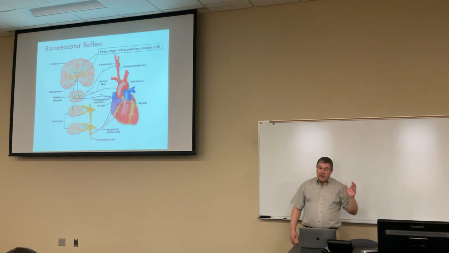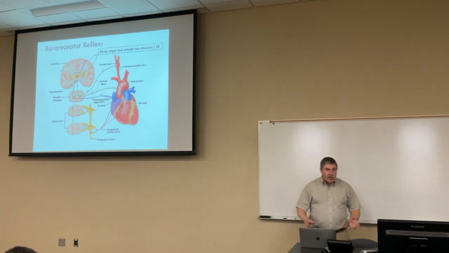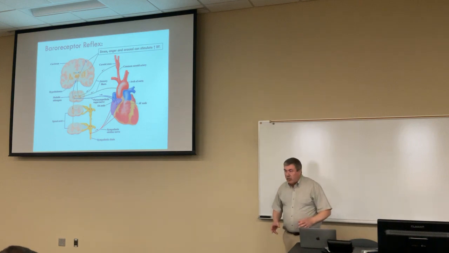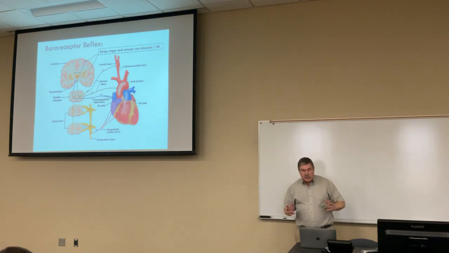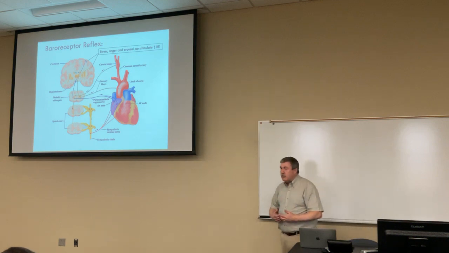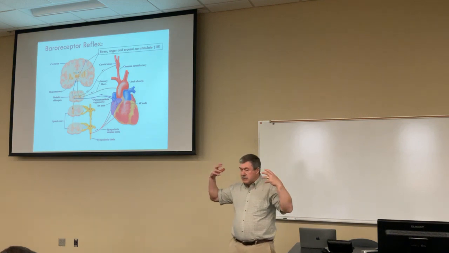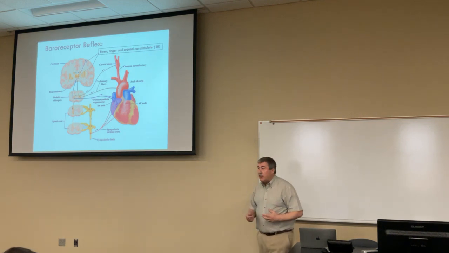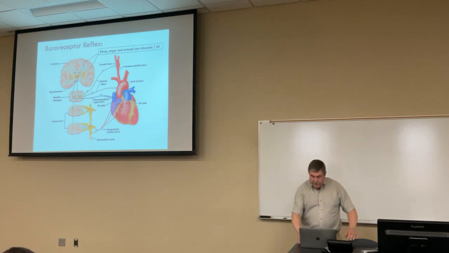So if a person experiences stress, if you have a lot of tests during the week during school, or if a person is angry, or if you're just really overstimulated, aroused, there are inputs from higher brain centers to the medulla oblongata, and so some of that activity of higher brain centers can also affect blood pressure by stimulating the vasomotor center.